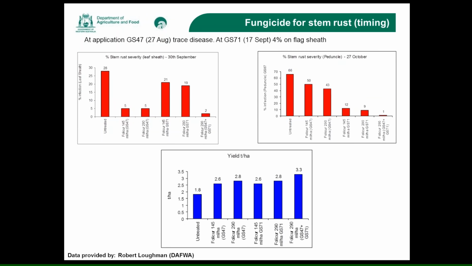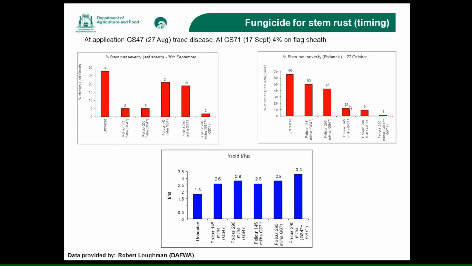If we go to the top of the page and look at why that might be, we can see that the early spray before the head came out had very good control of rust on the leaf sheath, but poorer control on the peduncle and head because they weren't emerged at the time of spraying.